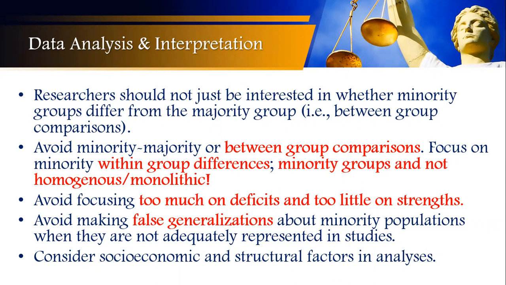Instead of focusing so much on between group comparisons, we really need to be looking more at within group comparisons, and really avoiding the tendency to lump everyone within a particular racial ethnic group into one category, and understanding that there's a great deal of heterogeneity even within these groups. We also want to avoid focusing too much on deficits and too little on strengths.